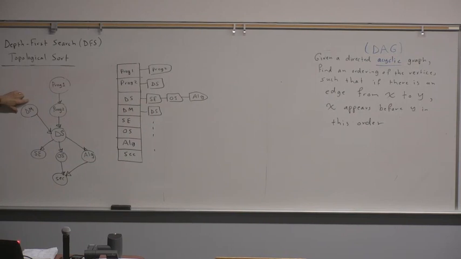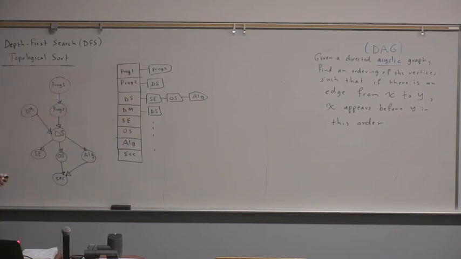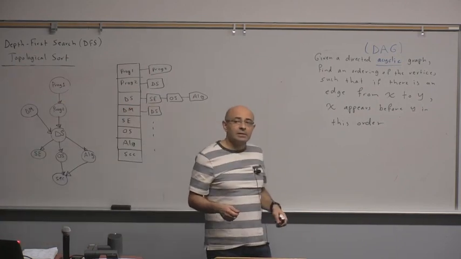But now how do I identify these two vertices using this adjacency list representation? So if I give you this adjacency list, how do you identify programming 1 and discrete math? There is no incoming connection for programming 1 and discrete math.